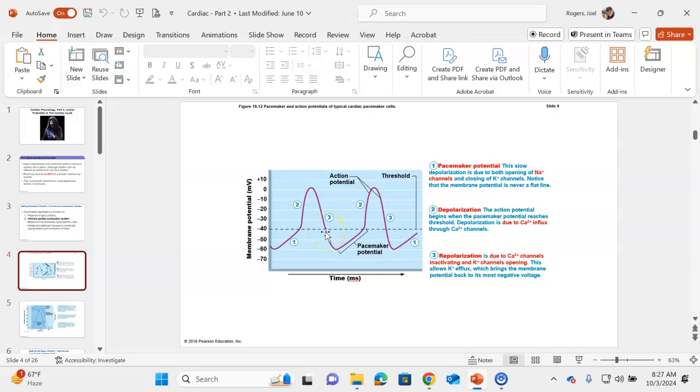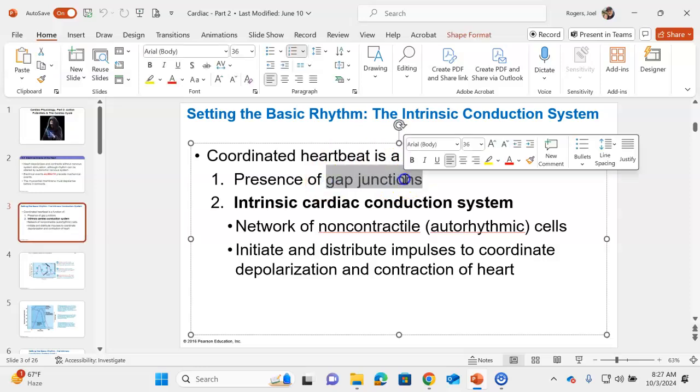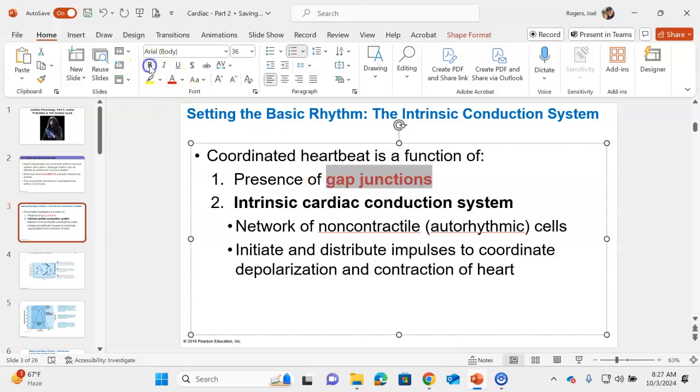Now, in a normal, healthy individual, remember this starts in the SA node, and in particular, sodium and calcium will move from these cells to myocardial cells, and then from myocardial cell to myocardial cell. All of these cells are connected by what we call gap junctions, which I believe I referred to on the previous slide right here. So gap junctions, let's put that in red.